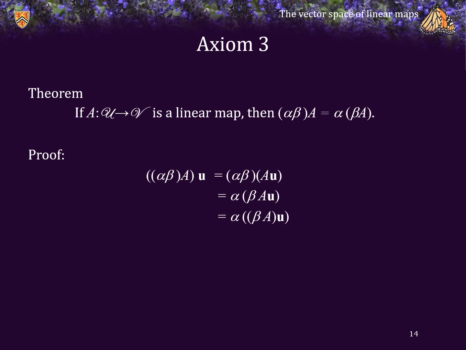Now we have alpha times a linear operator times a scalar applied to U. Well, that's just equal to alpha times beta times A all applied to U. And this is true for all U, and thus the two algebraic expressions in the linear operator A are equal.